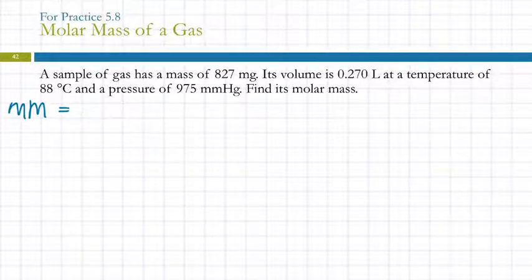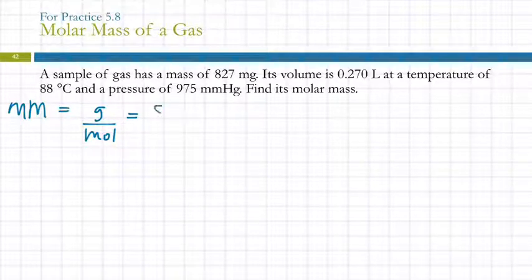That is grams divided by moles, right? It's the mass of 1 mole of substance. So, do we know the mass of this gas sample? We do. It's this many milligrams. What do I need the unit to be, though? Grams.